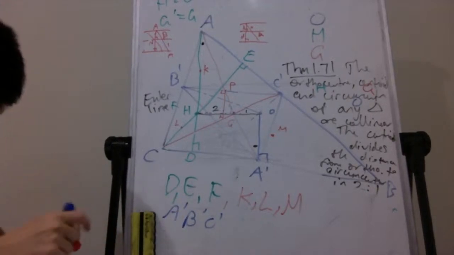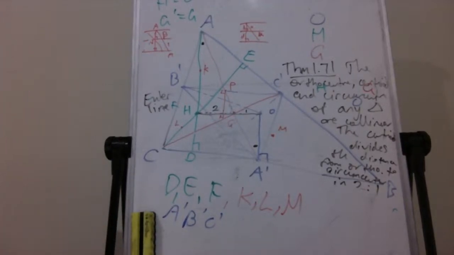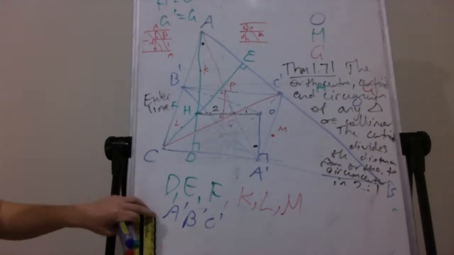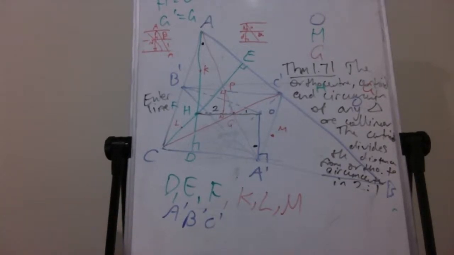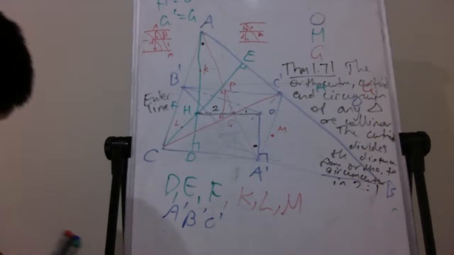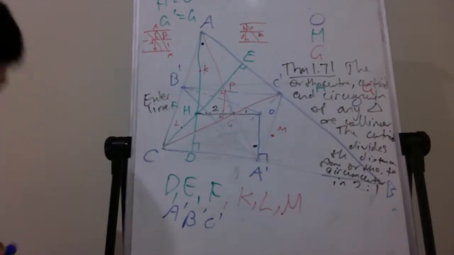So actually, we know more about the circle than you think, right? We already know about the circle that passes through these points. They all lie on the same circle.